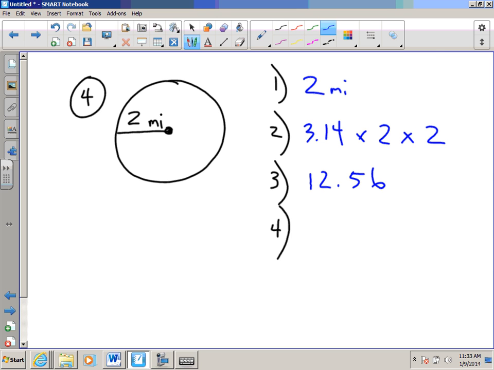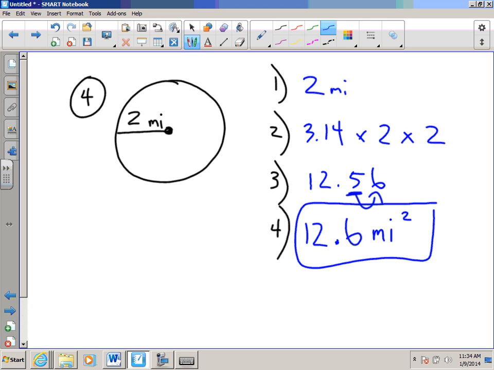Right, before we round, 12.56. Identify our 10th place, look after it, makes this a 12.6 miles squared.